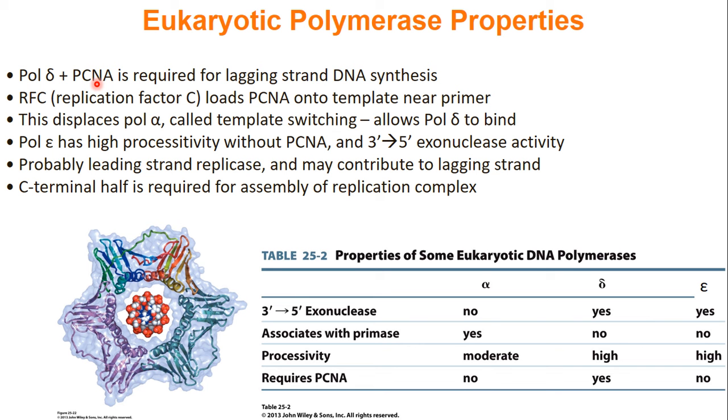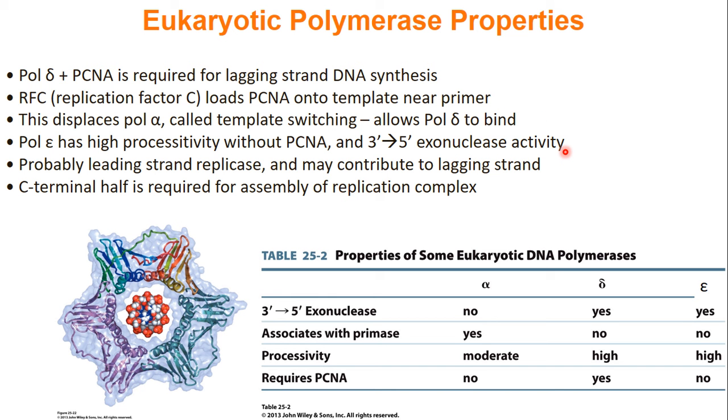You can think of this as an analogous process to what we talked about in prokaryotes with the beta clamp loader. Now, when PCNA comes onto the template, Pol alpha, which was there with the primase, will fall off. This is what we call template switching. So we're switching alpha out for delta. So alpha's gone, now delta can bind.